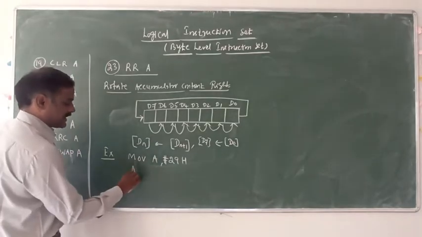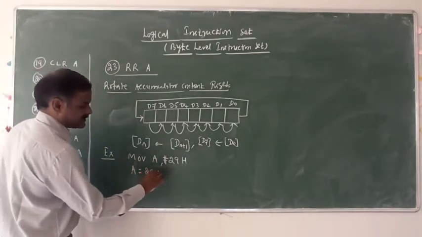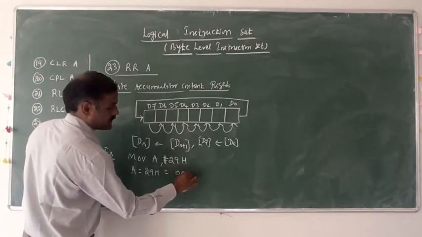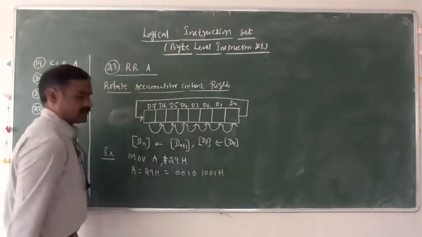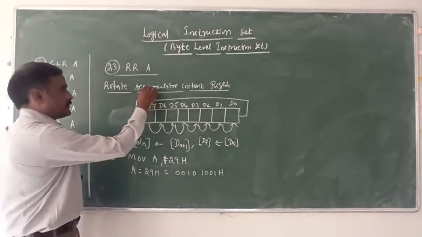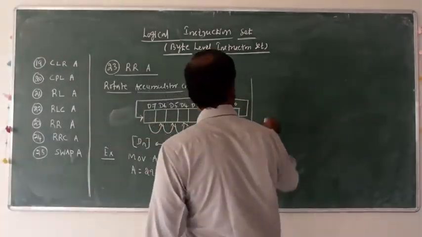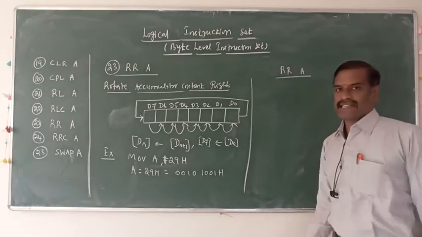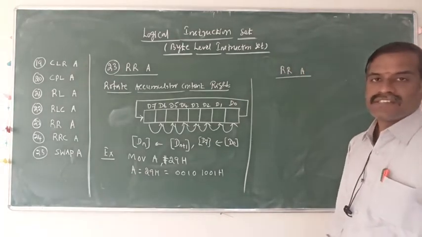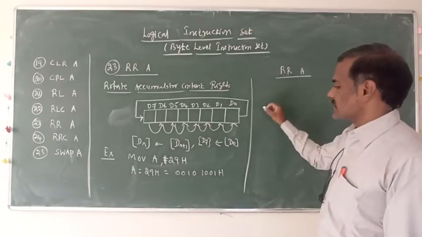Now register A is 29H. 2 means 0010. 9 means 1001. Okay. Now RR A. RR A means rotate the accumulator content right, okay, without carry.